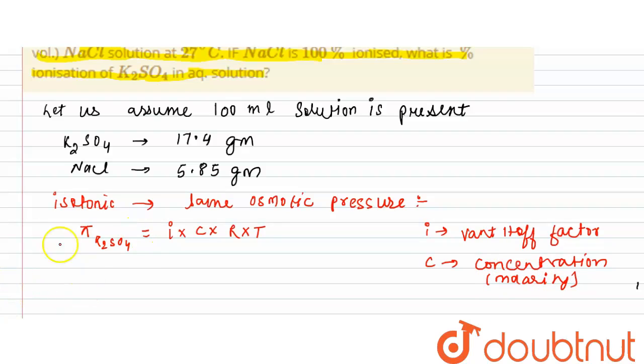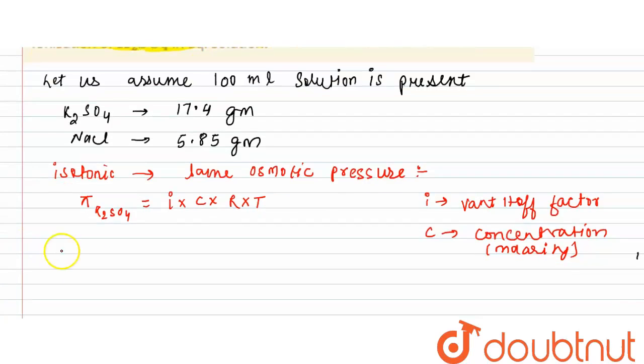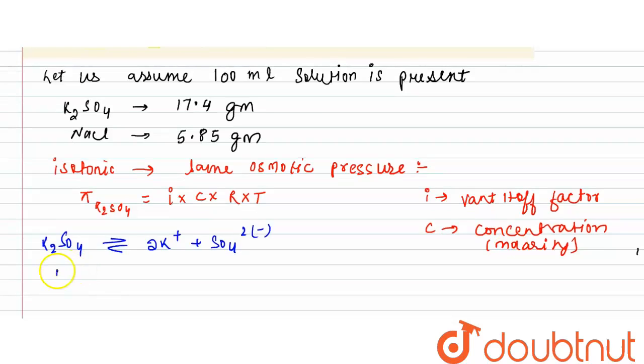So let us calculate first what is the value of I and C for K2SO4. K2SO4 undergoes dissociation to give 2K+ and SO4 2-, right? And we know very well that in case of dissociation, I is 1 plus n minus 1 into alpha, where alpha is the degree of dissociation.